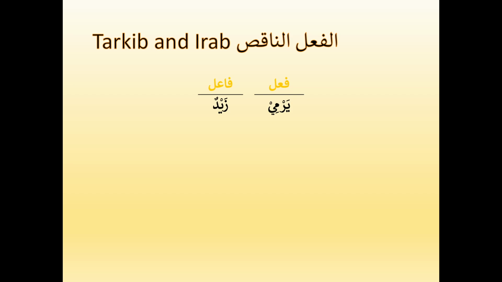المضارع مرفوع. Yes, it's marfu, and the sign is علامة رفعه السكون. Okay, nope, it's not sukun. This is fi'il naqis, and it is not light. Yes, it is marfu. So what is the sign?